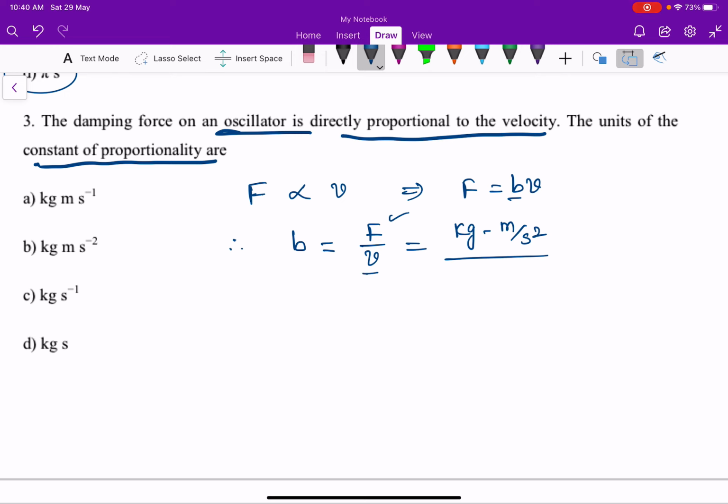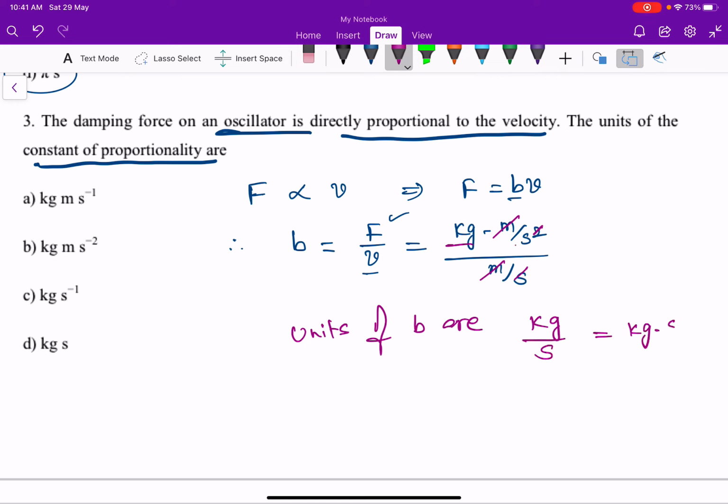The meters cancel, and the seconds cancel each other partly. Therefore, the units of b are what remains: kg per second, which is equivalent to kg second inverse. Kg second inverse is the answer.